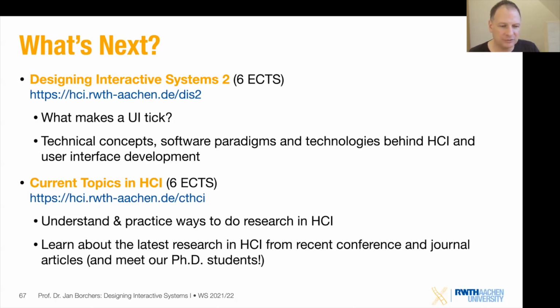Current topics is a research class in which we teach you how to do research in HCI, and by extension, how to do empirical research in any discipline, really. This is something that you don't learn a lot about in computer science. Our curriculum is largely engineering focused, and you mostly create artifacts.